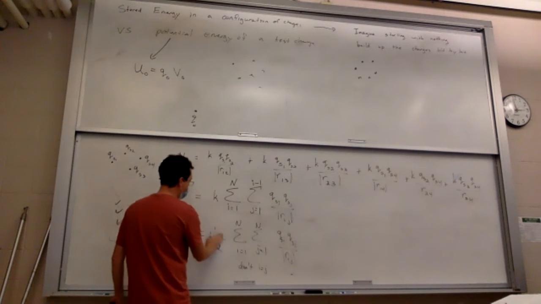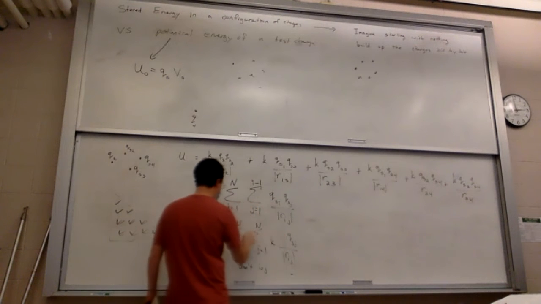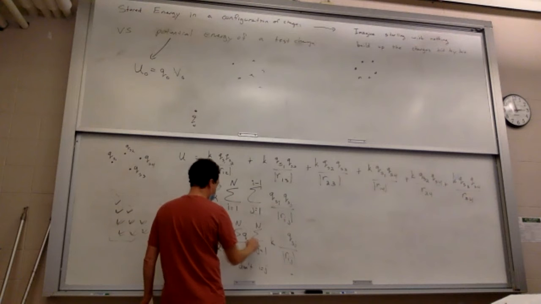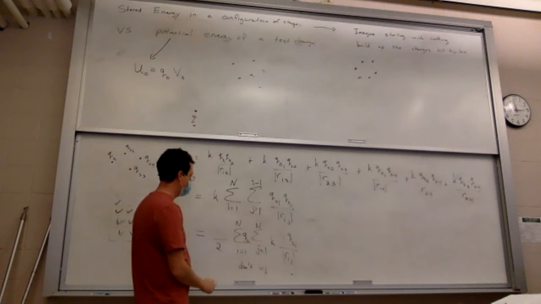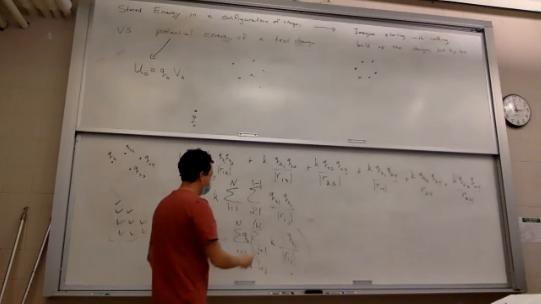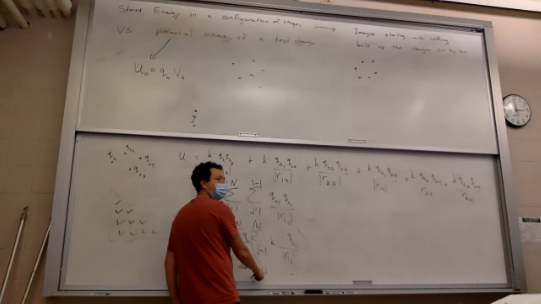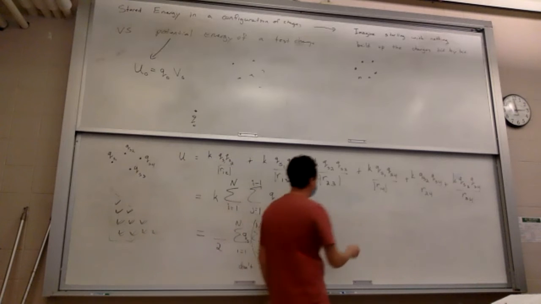If I move k in here, and I move Q_Si here, what does that look like? k Q_Sj over r_ij. Looks like voltage. Yeah. Good.